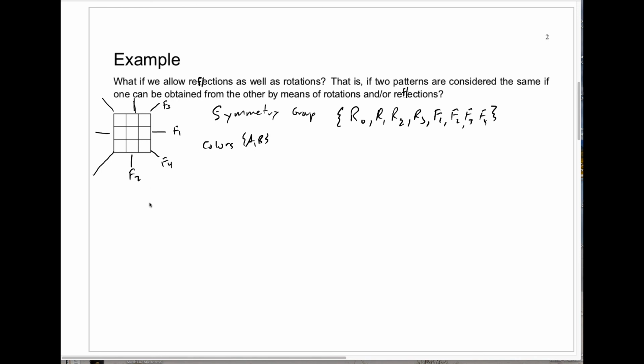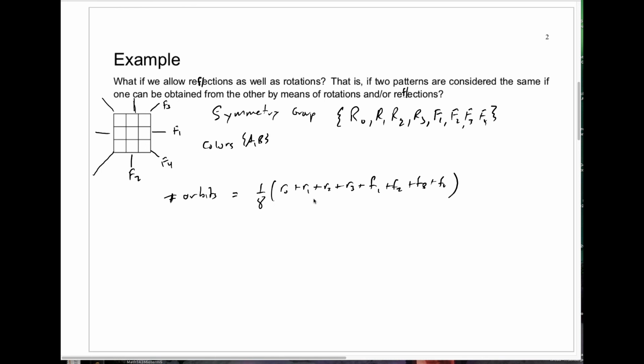How are we going to count the orbits? Well, the number of orbits now will just be the average of the invariant numbers. In this case it's 1/8 because this group has 8 transformations in it. It'll be 1/8 times R0 plus R1 plus R2 plus R3, we don't have an R4, we now have to add F1 plus F2 plus F3 plus F4, where these little f's are just the invariant numbers for the reflections, capital F1, F2, F3, and F4.